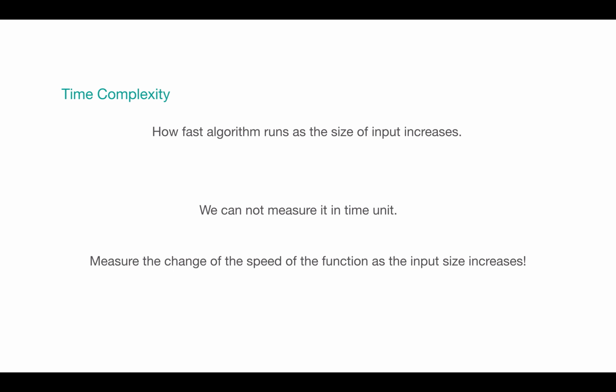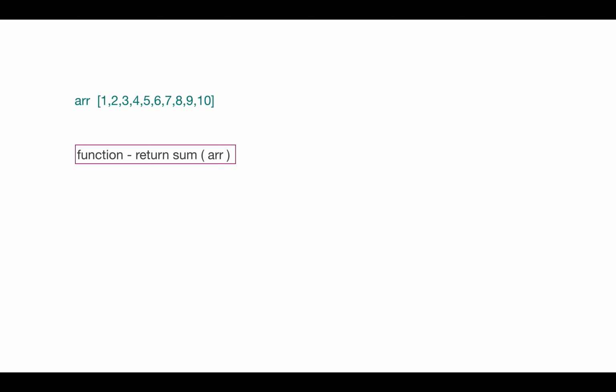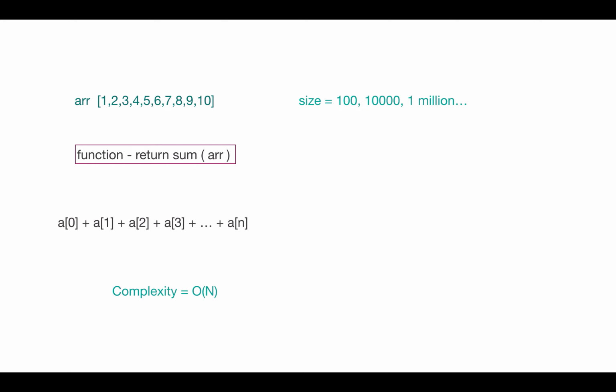We won't measure time complexity in seconds. Instead, we will measure the change in speed of the function as the input size increases. In this sum function, it goes through every element, so increasing the size of the input array will affect the execution time linearly. So the complexity here we represent by writing O(n).